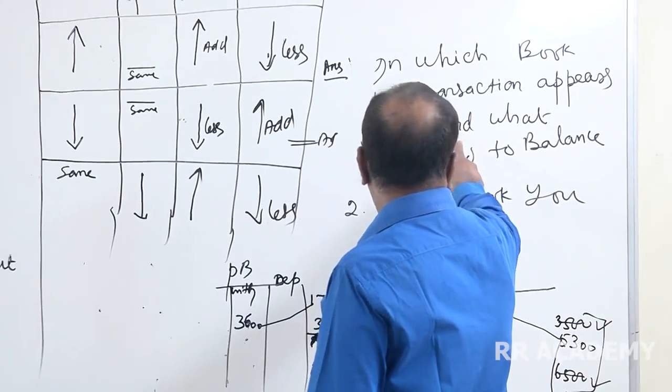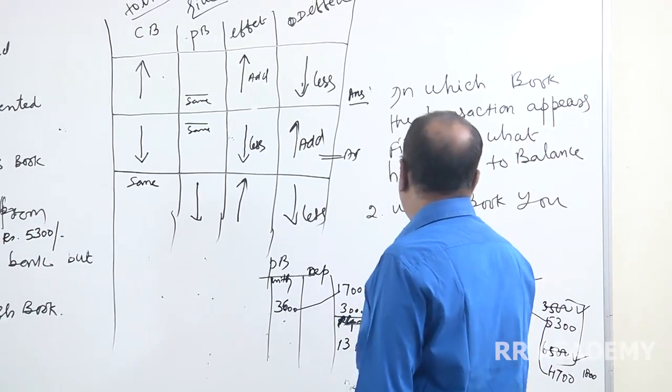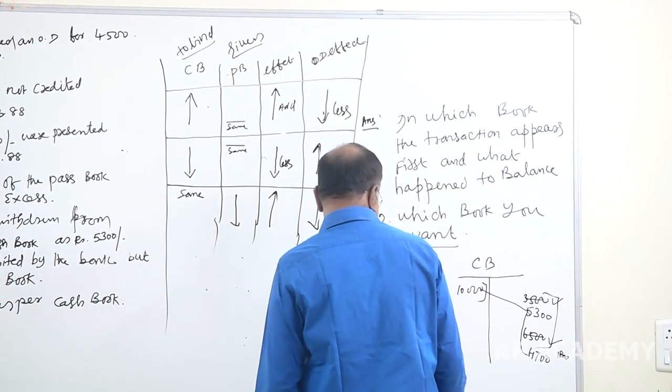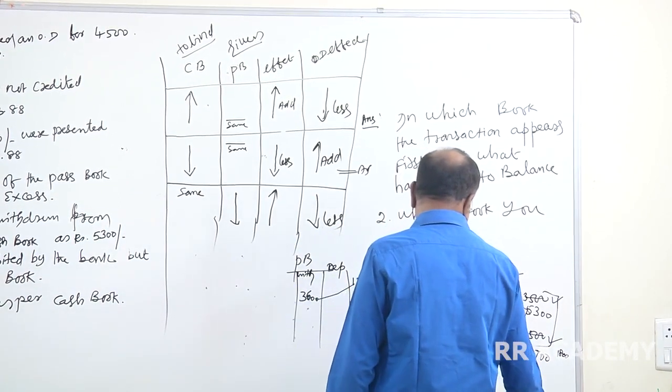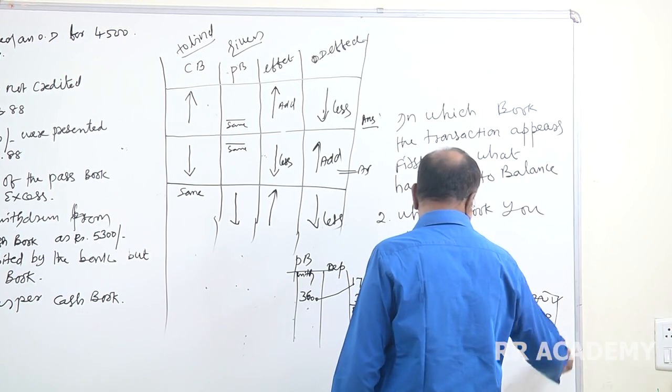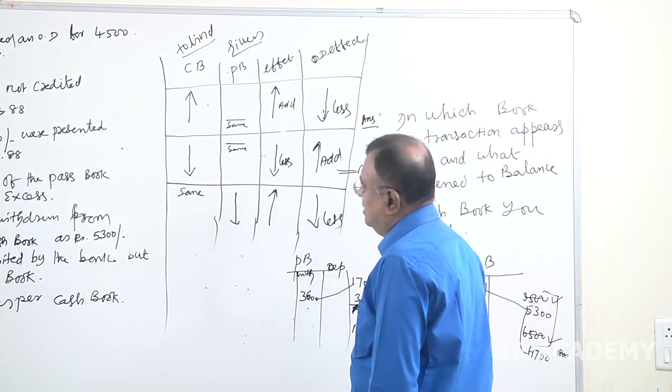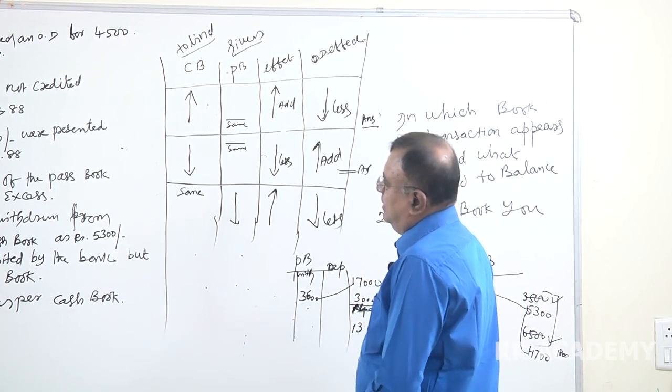First, we must see what happened to the balance. Here, balance reduced. Here also, balance reduced. Right.